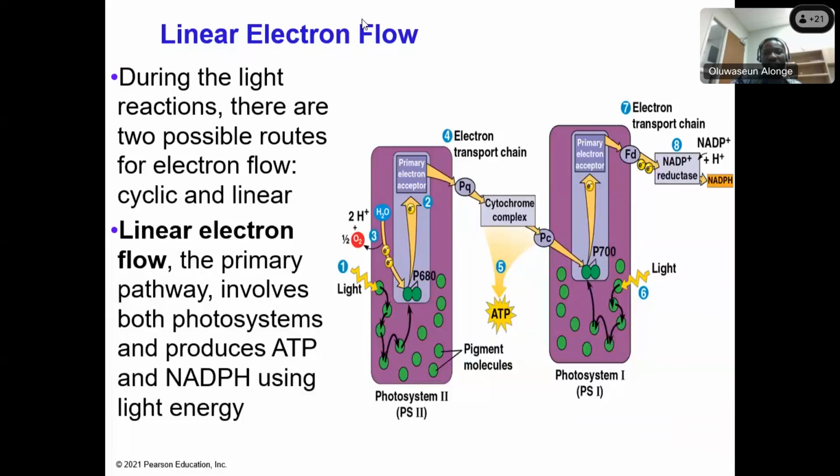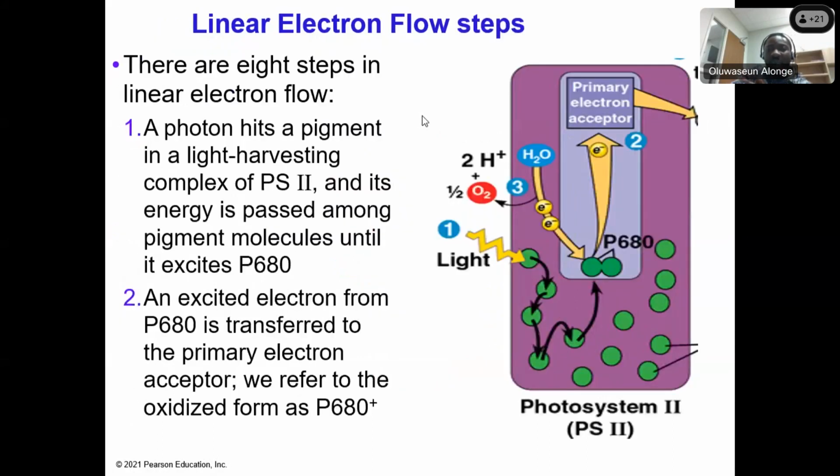All right. Everything I'll be explaining now is first just to reiterate some of the things I've talked about already. This is just showing you the linear flow. The light reaction is linear flow.